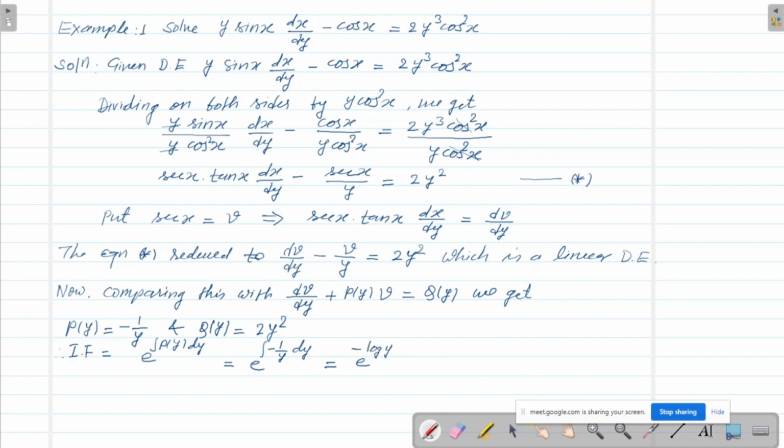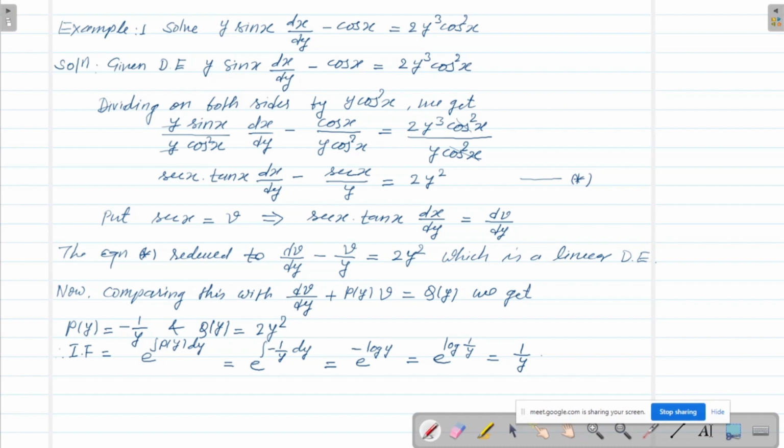This can be written as e raised to log of 1 upon y, the negative sign goes on the power. So this is 1 upon y only.